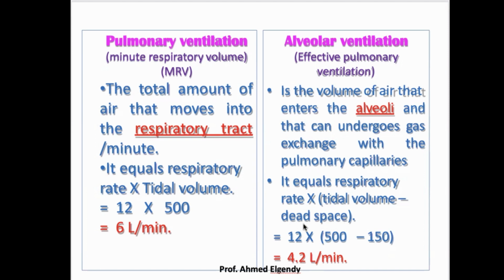The air in the dead space, starting from the nose until the bronchioles, does not take part in gas exchange. It's about 150 mL. So 500 minus 150 is 350, times 12 is about 4.2 liters per minute. So you see there's a difference between pulmonary ventilation and alveolar ventilation. Any questions?